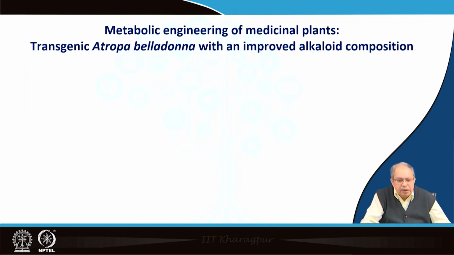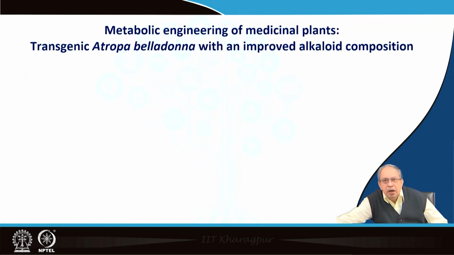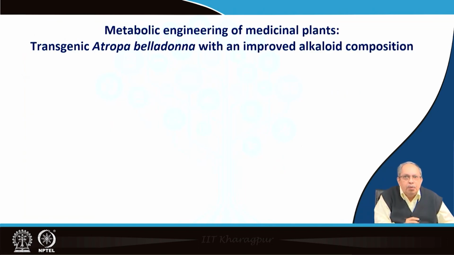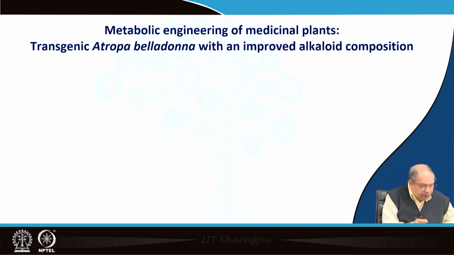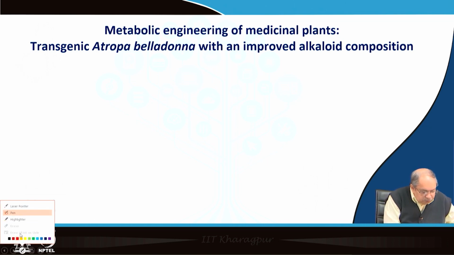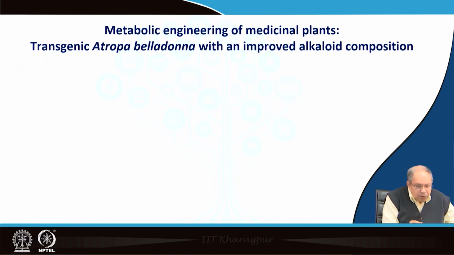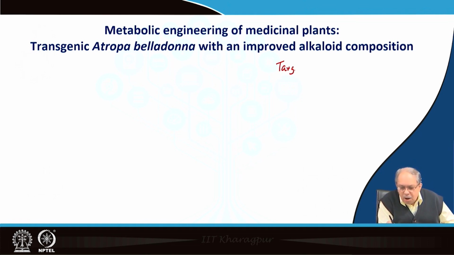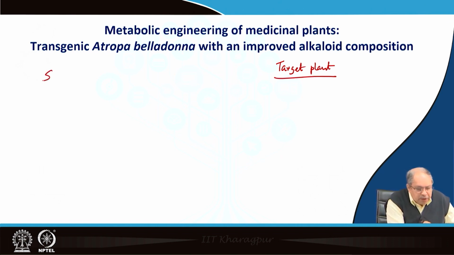Now I will start with the metabolic engineering of a medicinal plant, transgenic Atropa belladonna with improved alkaloid content. First of all, let us define the target plant and the source plant. Source plant means the source of the gene.